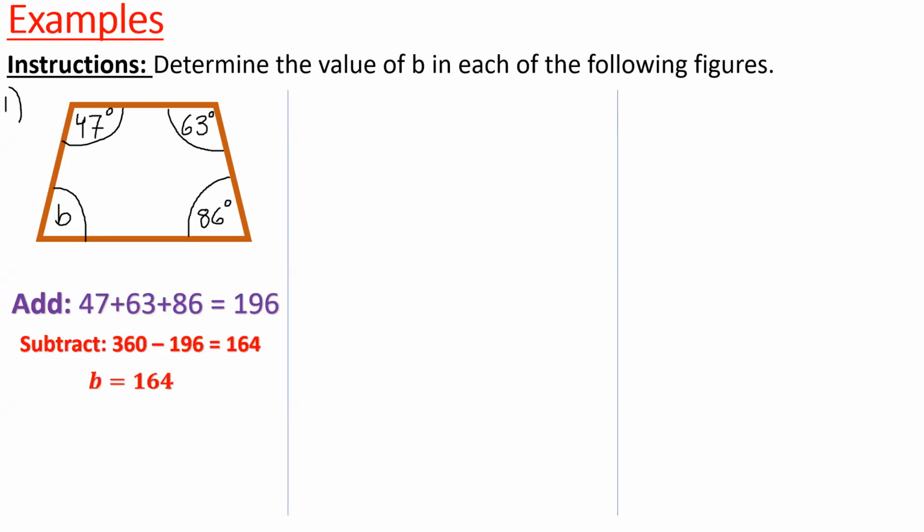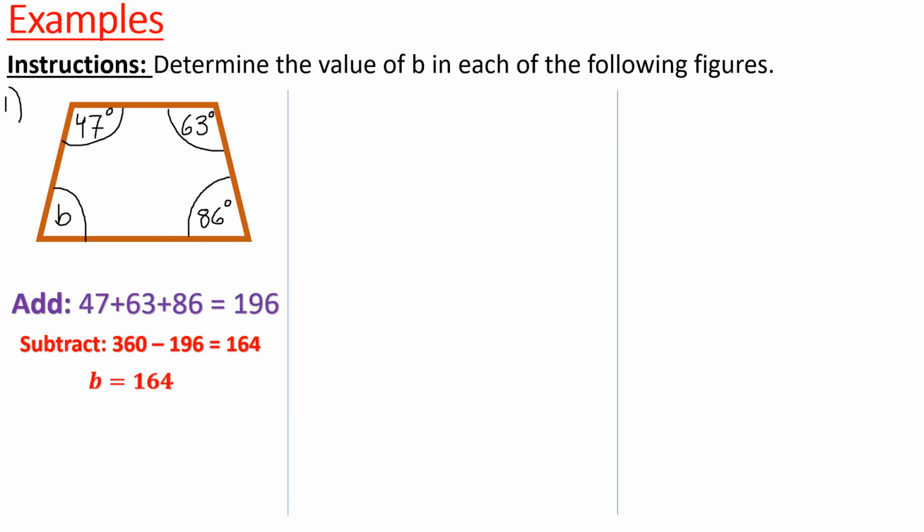So first we added up all the corners, 47, 63, and 86. Once we added them all together, we got 196. Then after that, we subtracted from 360. So we take away 196 from 360, and we get 164, and then we would find the answer for B, which equals 164.